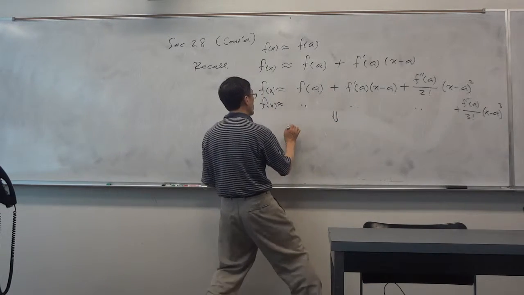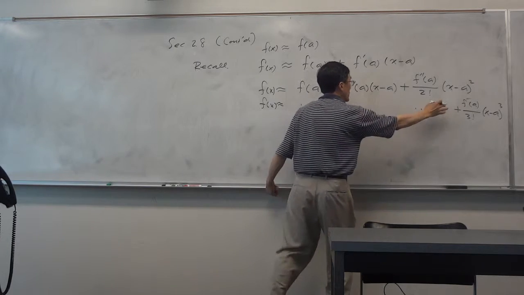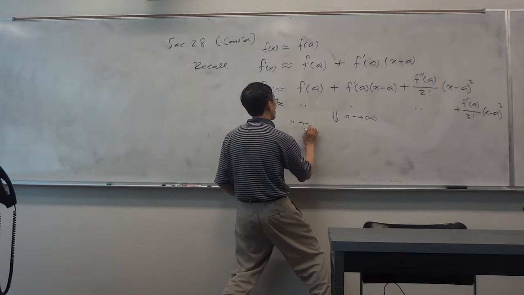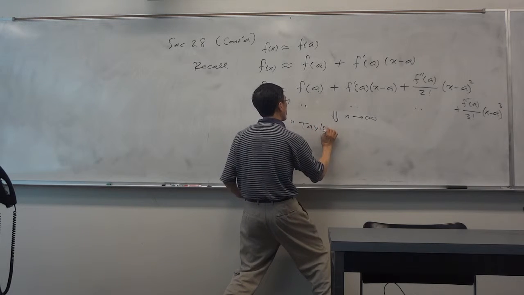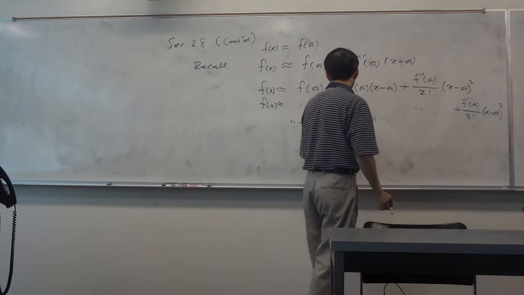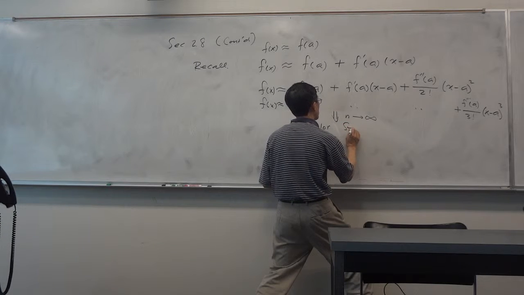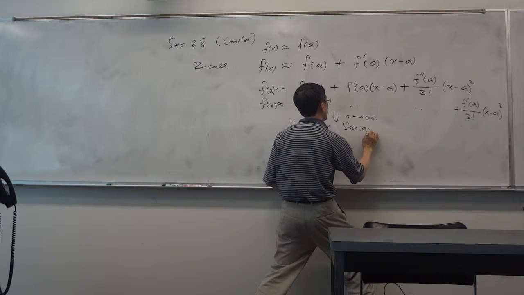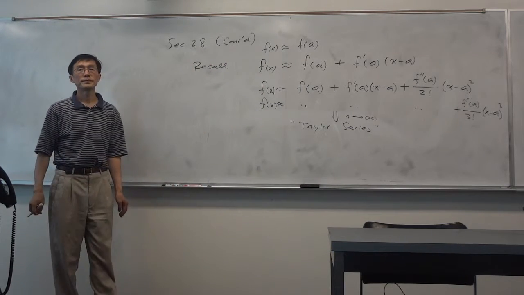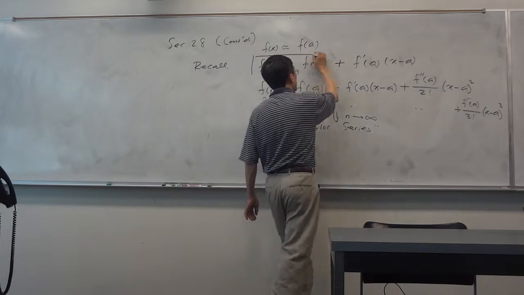And as n goes to infinity, where n is the highest degree term here, you get something called a Taylor expansion, which again, you don't have to worry about in this course. Those who take calculus 2 will certainly learn that. Taylor series, Taylor expansion. Okay. But now, again, we're going to focus on just a linear approximation.